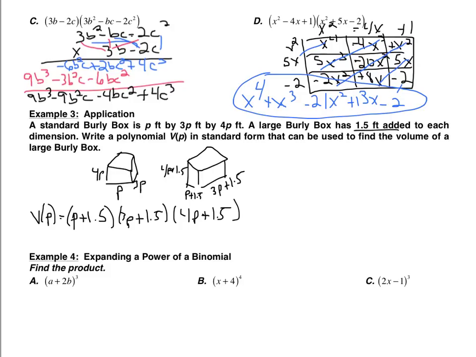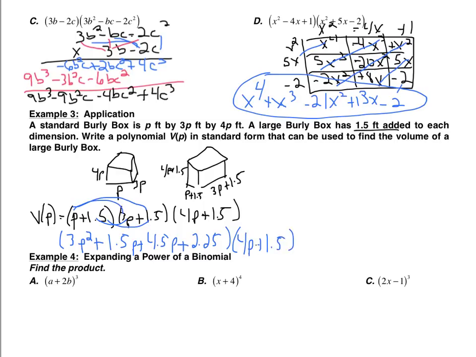And then if we multiply that out, we get 3p squared plus 1.5p plus 4.5p plus 2.25 in our first. So if we were to multiply these together, and then we still have 4p plus 1.5. And then to simplify that, we rewrite it over here.